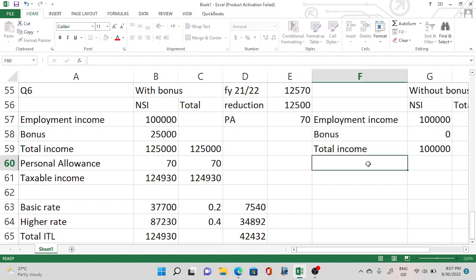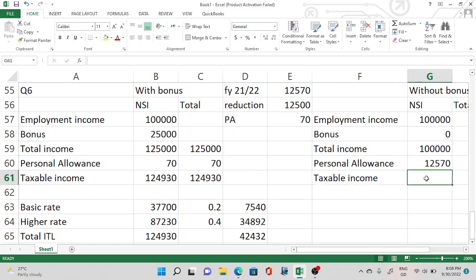Right? The personal allowance, it's not exceeding 1 lakh, so the personal allowance will be given in full, 12,570. Taxable income, 87,430.